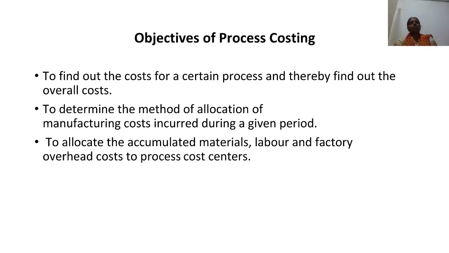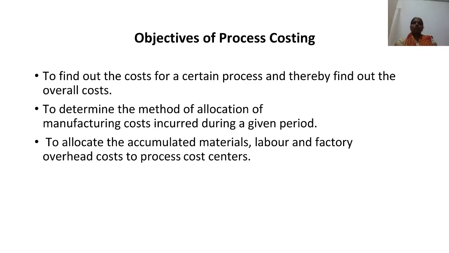In other words, while producing a certain product, we will be having a lot of processes. For each and every process, how much cost the company has incurred. Add up all the cost, we will get the overall cost. That becomes the production cost for the overall production.